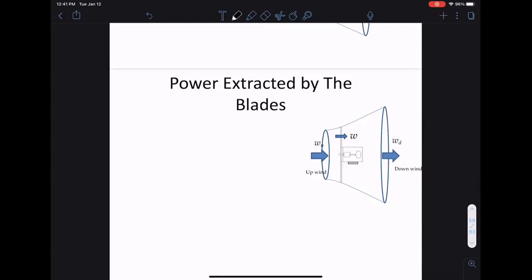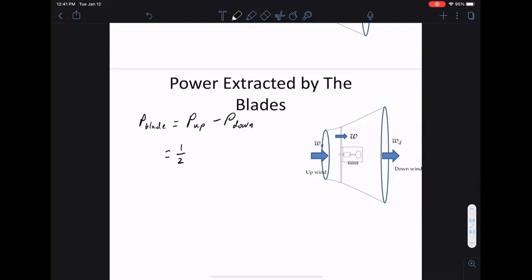So then we have the power we extract from the blade. This is the power upwind minus the power downwind, the difference of the powers. How much power do we have?